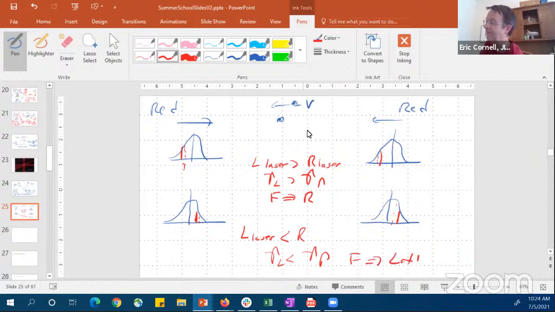So if I'm moving in the left direction, this is my velocity, I want a force going this way. In this case, if I'm moving in this direction and my force is going in the same direction, then my speed will increase.